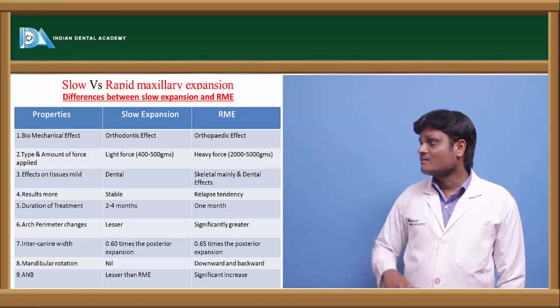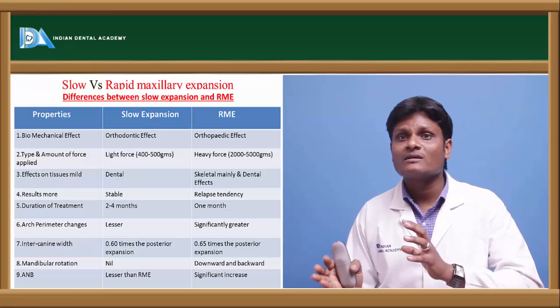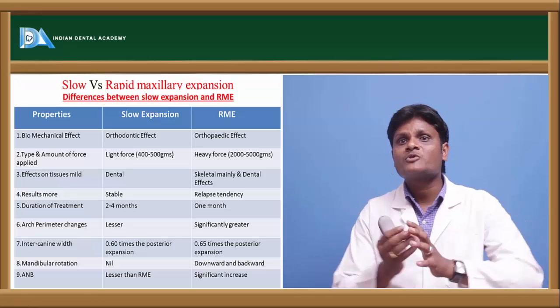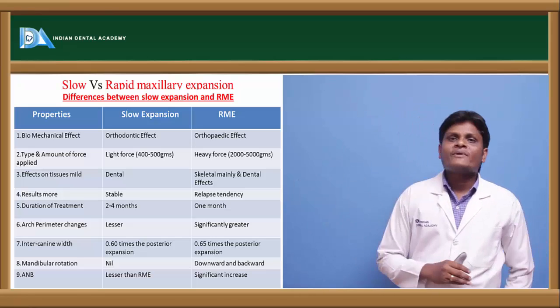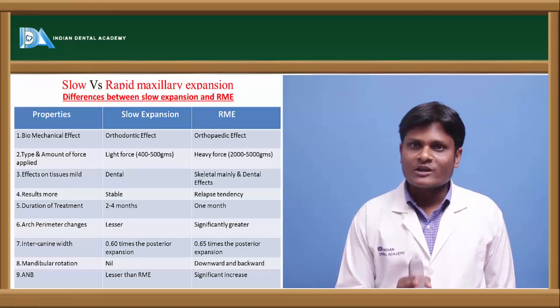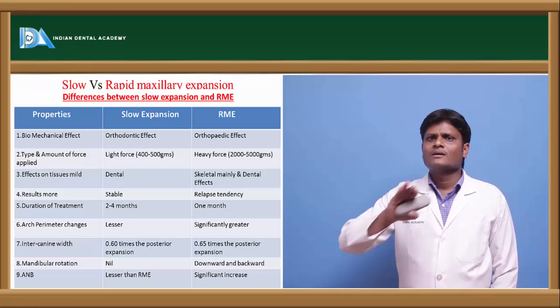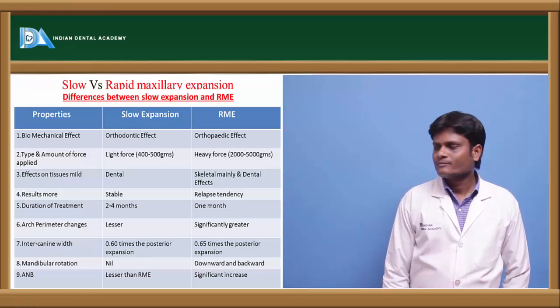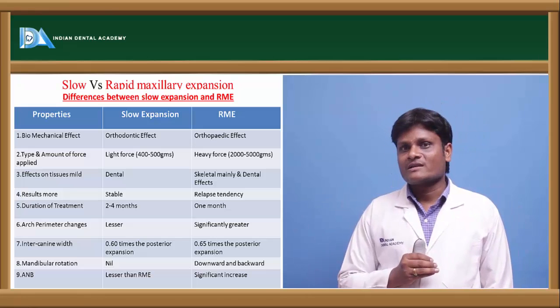With the rapid expansion, the relapse tendency is more because there is not sufficient time for the adjacent tissues to adapt to the newly expanded maxilla. And the time period of treatment is 2 to 4 months for slow expansion, whereas it's only 1 month. Maximum 1 month, rapid maxillary expansion is completed, and the arch perimeter changes are lesser with slow expansion but more with rapid expansion.